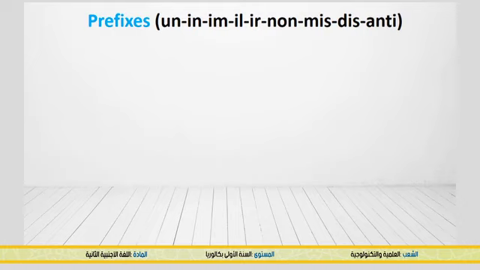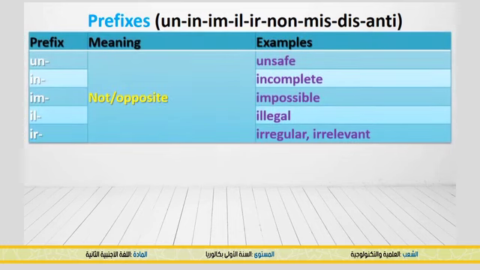Prefixes an, in, im, il, ir, non, mis, dis, and anti. Prefixes an, in, im, il, or ir. All these prefixes mean not or the opposite.